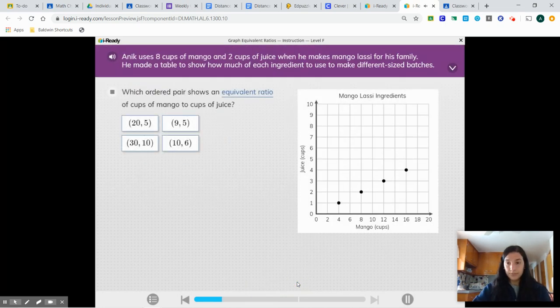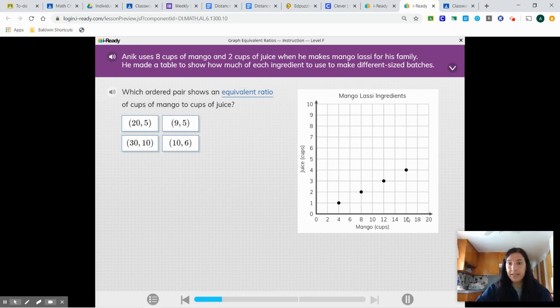Which ordered pair shows an equivalent ratio of cups of mango to cups of juice? So we can do this 2 ways. We can either continue to plot our points on the graph, or we can divide to see which one of these ordered pairs, when we do Y divided by X, will give us the fraction 1/4 or 0.25. Since we have this handy dandy graph, we might as well use it.